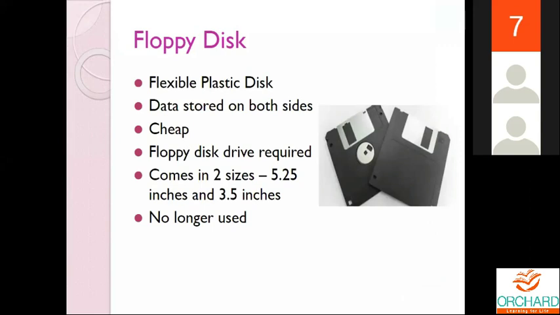To use a floppy disk, we need a floppy disk drive. It is a required one. If you need to use the floppy disk, you must have a floppy disk drive. It comes in two sizes, 5.25 inches and 3.5 inches. It is no longer used because of the invention of other storage devices.